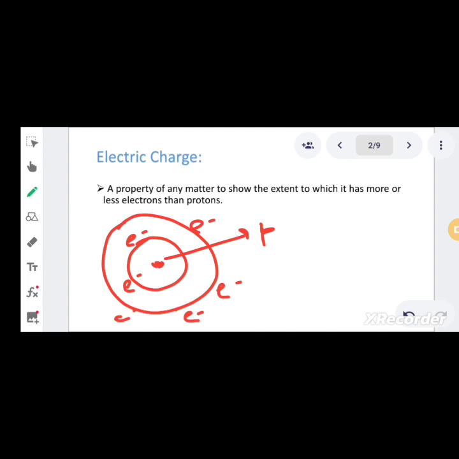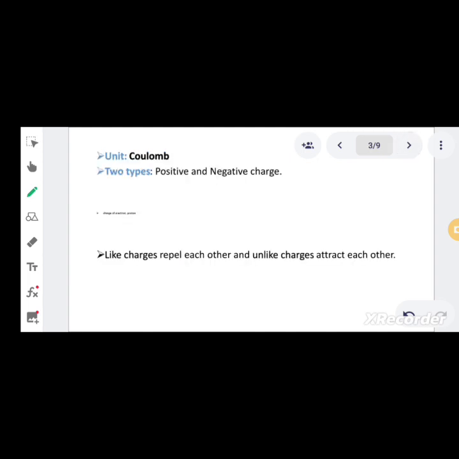Okay, then the unit of electric charge is coulomb. Then we have two types, positive and negative charge.